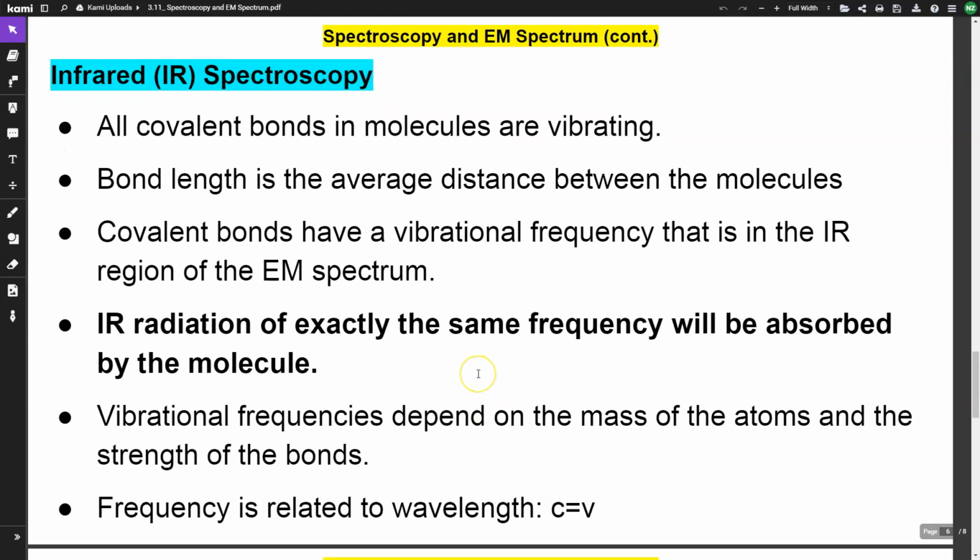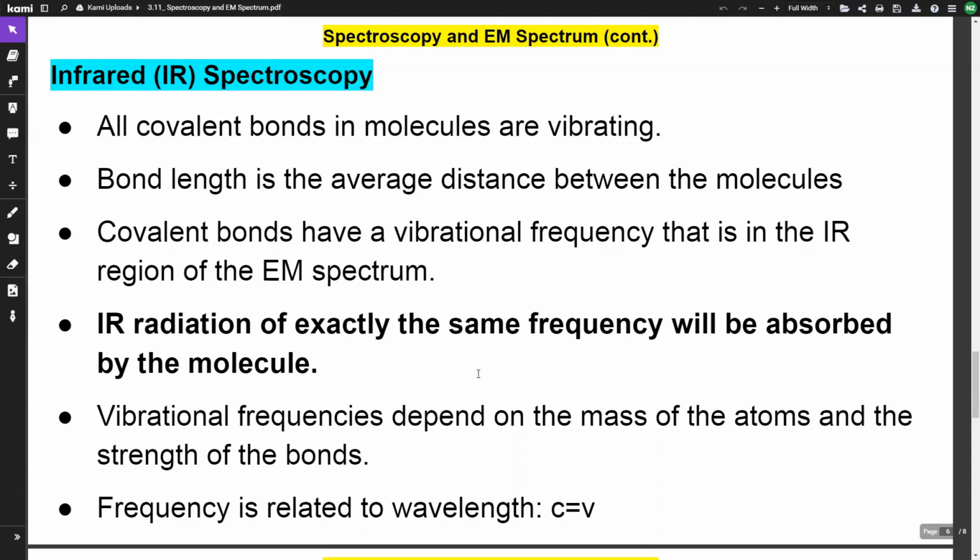The other type of spectroscopy that we have is infrared spectroscopy. All covalent bonds in molecules are vibrating, constantly moving. Bond length is the average distance between the molecules. Covalent bonds have a vibrational frequency that is in the infrared region of the electromagnetic spectrum.